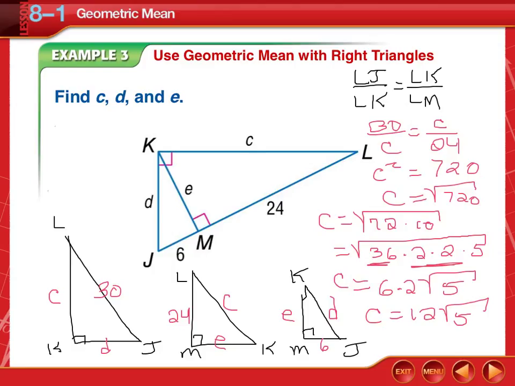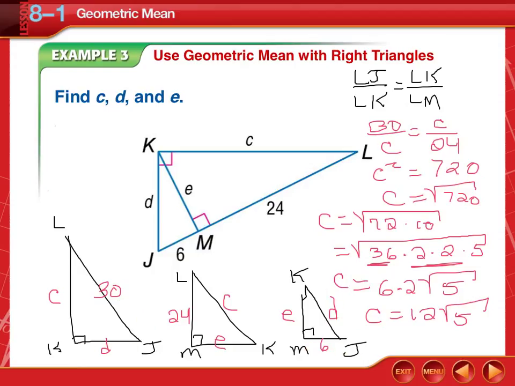Okay, let's look at where we have more information. Taking a look at the large triangle again here, LKJ, we have the hypotenuse and a side labeled D, which is the short side. Over here in the baby triangle, we have a hypotenuse, D, and a short side in which we're given a number, 6. So that's a good proportion that we can set up here.